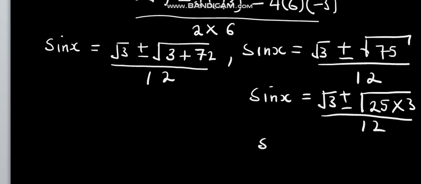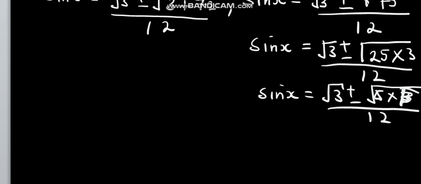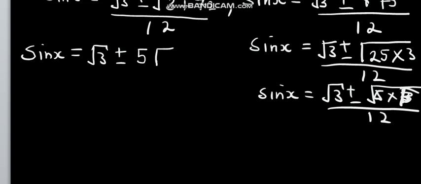And sine of x is equal to root 3 plus or minus root of 25 times root of 3, out of 12. So we shall have sine x is equal to root 3 plus or minus, now we have a root of 25, and the root of 25 is 5, root 3 out of 12.